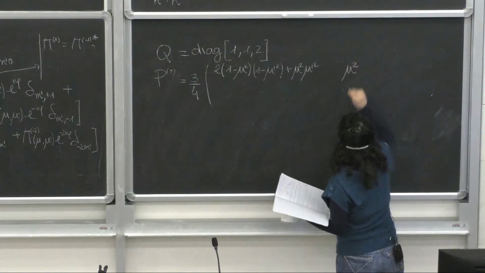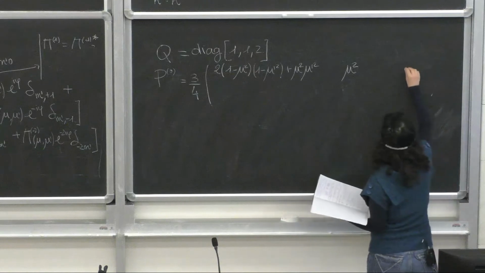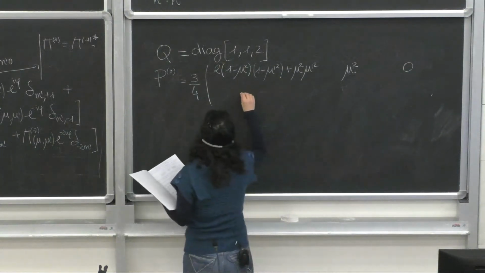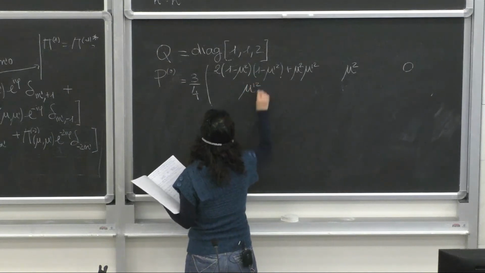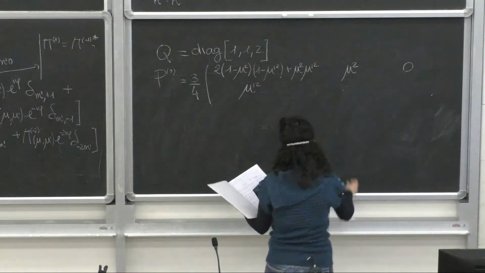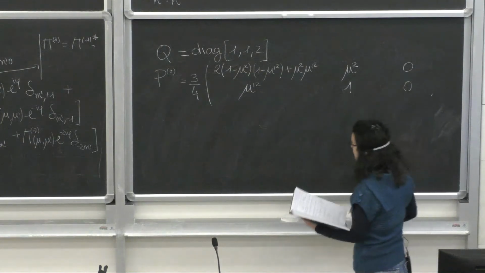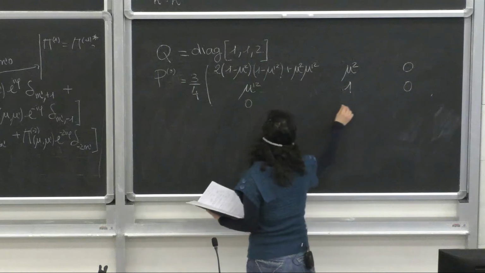Then the other element is mu squared and 0. Here we have mu prime squared, 1, 0. And the third line is just 0, 0, 0.